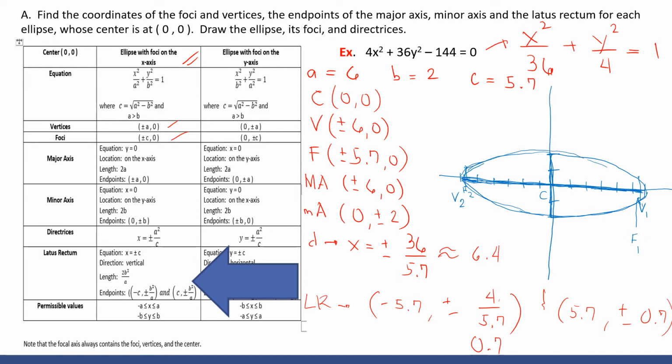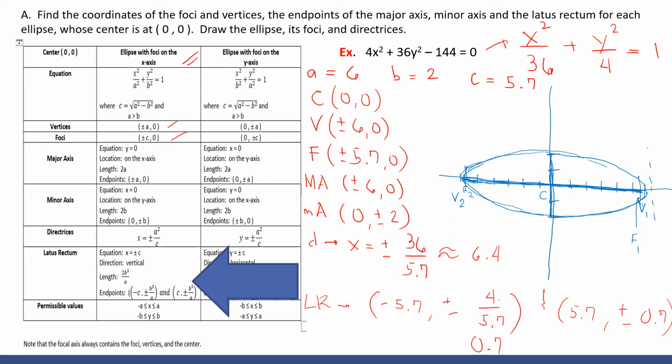Of course, our directrices. And since the equation of our directrices is what? X equals plus minus 6.4. So, from our vertex point 6.0, approximately, bago tayo mag-7, i-estimate na lang natin yung ating directrix.